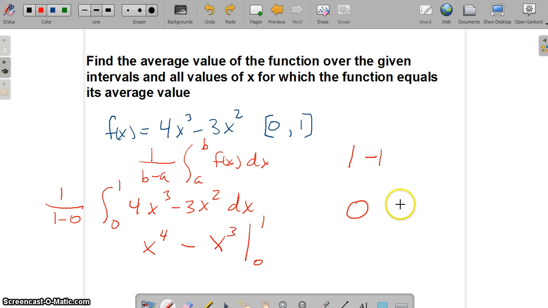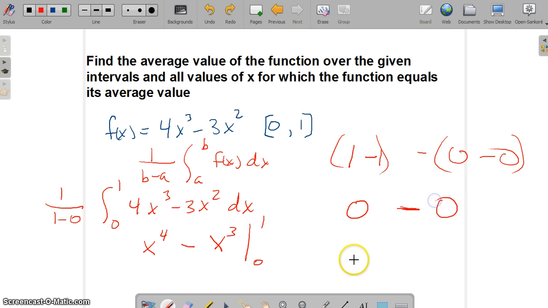And then I'm going to subtract off, when I plug in 0, that would be 0 minus 0. It's pretty easy. I'm going to get 0 again. So the average value equals 0. So f of c equals 0.